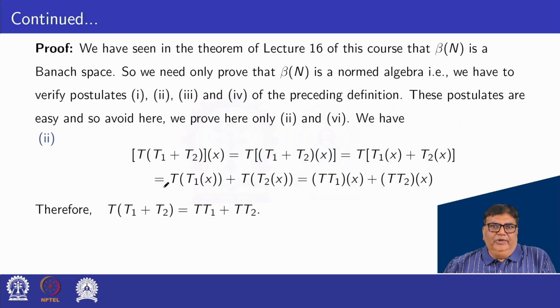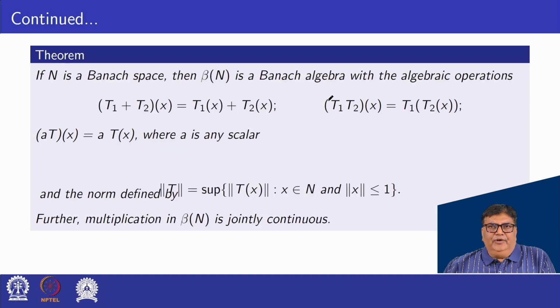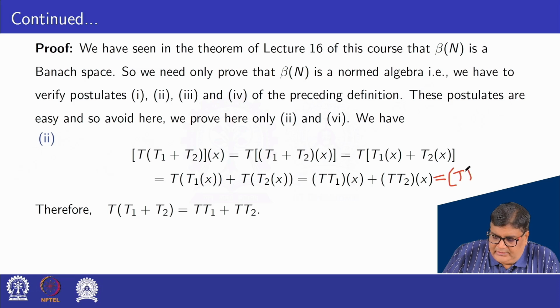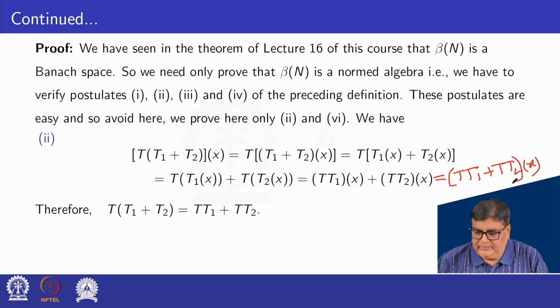Applying linearity, we have T(T1x) plus T(T2x). Applying the condition that (T1T2)x is T1(T2x), this can be written as (TT1)x plus (TT2)x. So this can also be written as (TT1 plus TT2)x. Therefore, T(T1 plus T2) equals TT1 plus TT2. So condition second is also satisfied.